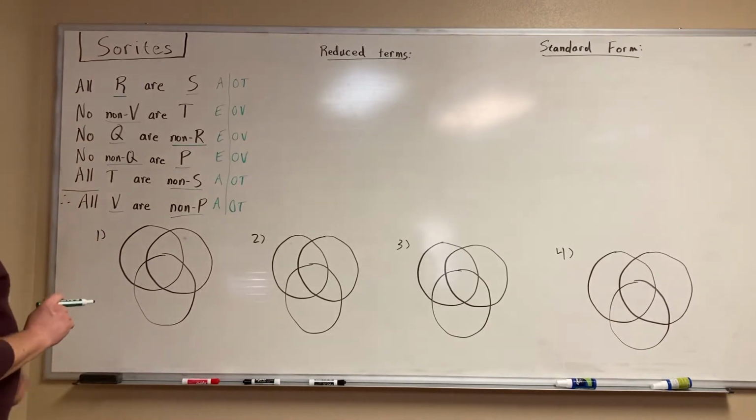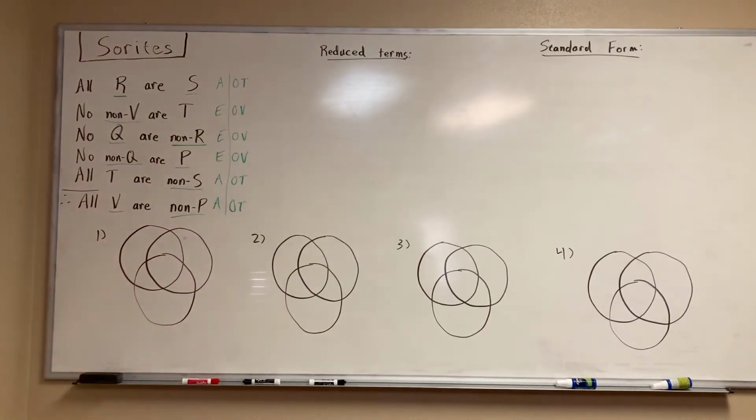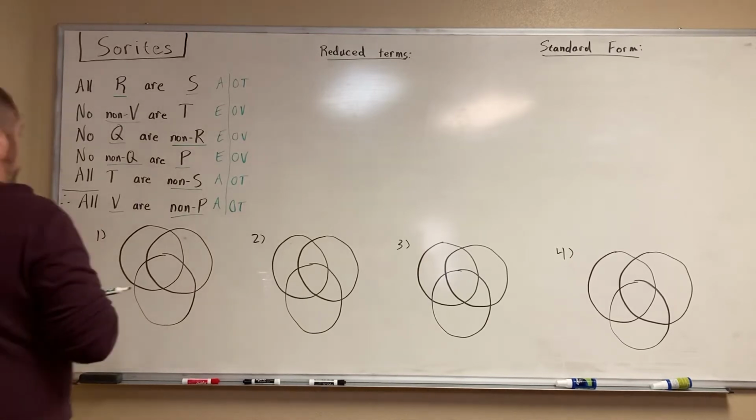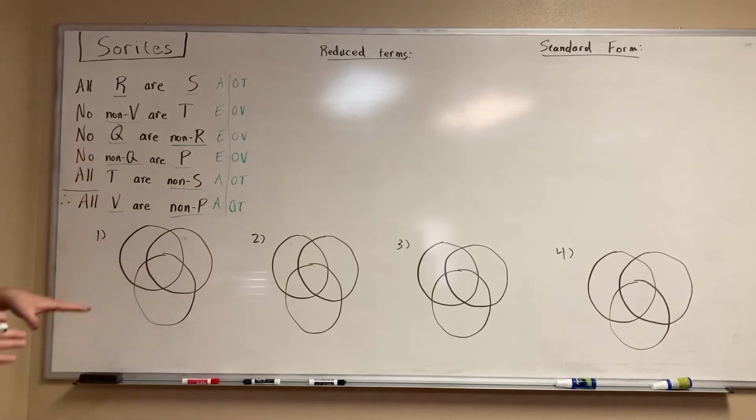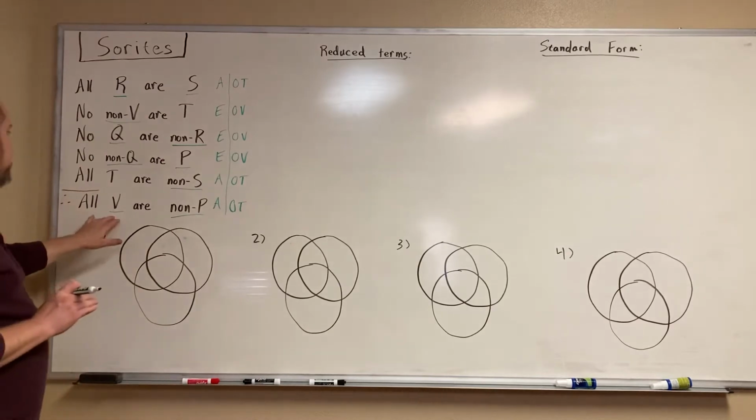All right, so let's see. I'll look at my sheet here. So a couple of things first. I always like to start with obversion. If I can change something, because obversion is going to only change your predicate term and keep your subject the same.